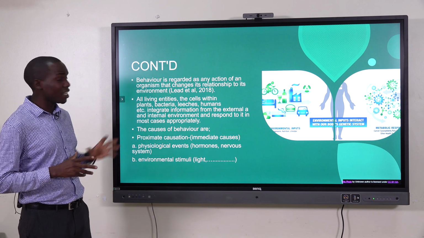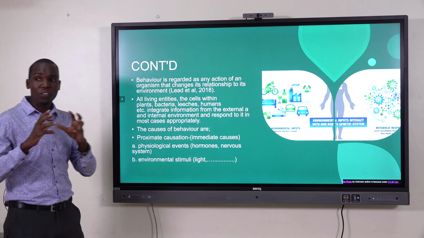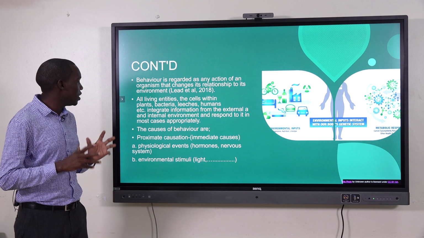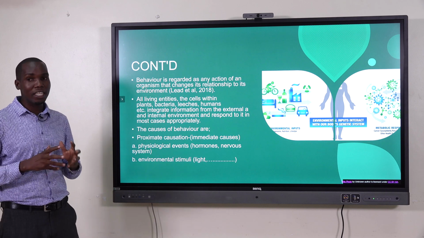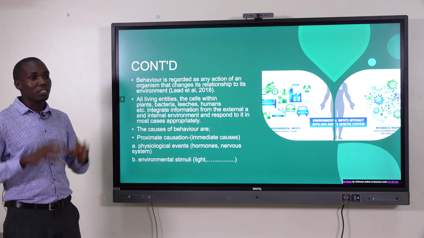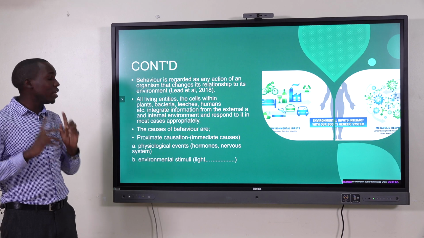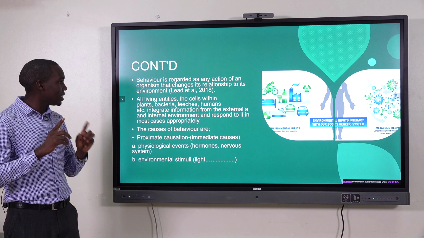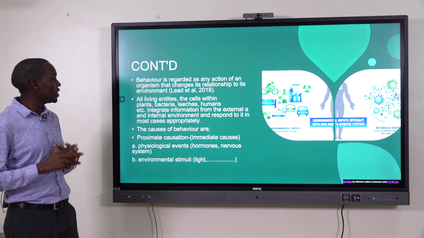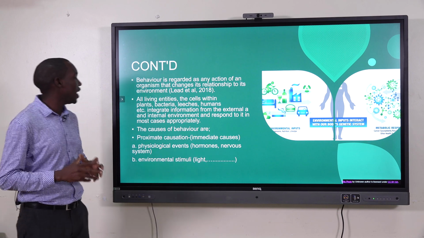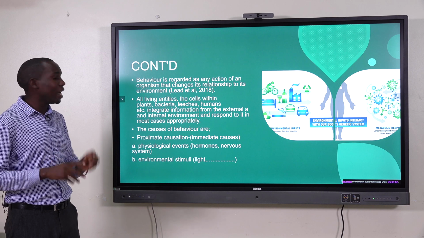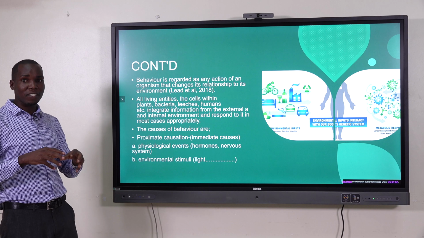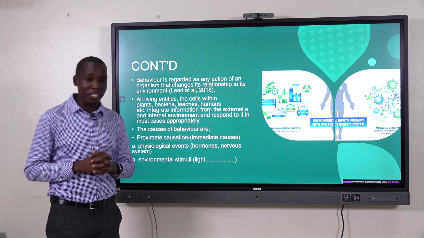As biology teachers, we know that all living entities, for instance, cells within plants, bacteria, leeches, and humans, just to mention a few, use information to integrate what is inside and what is outside. For this case, we are saying the external and internal environment, and they respond to it. They respond, to some extent, appropriately.